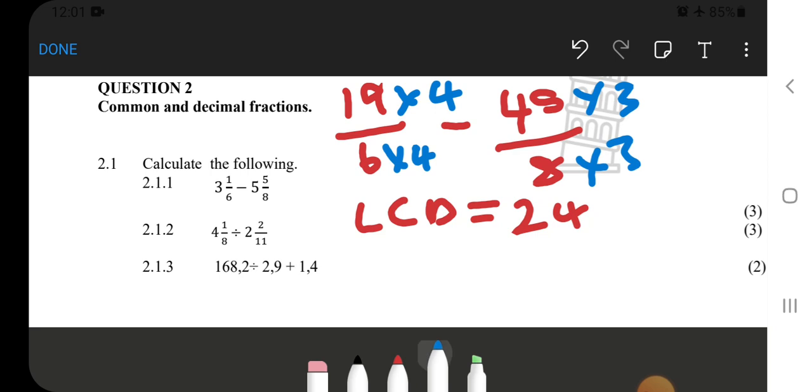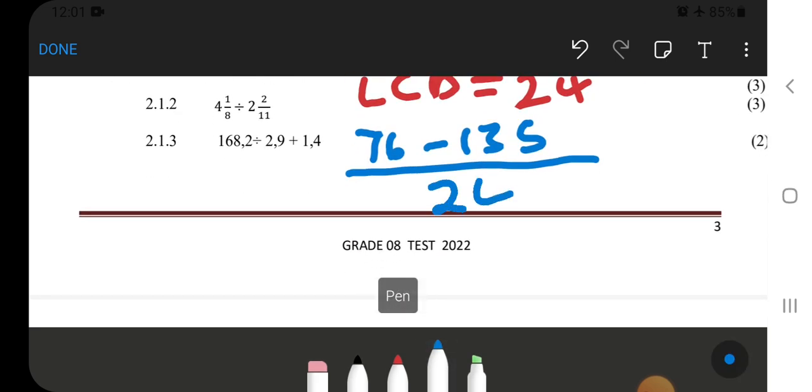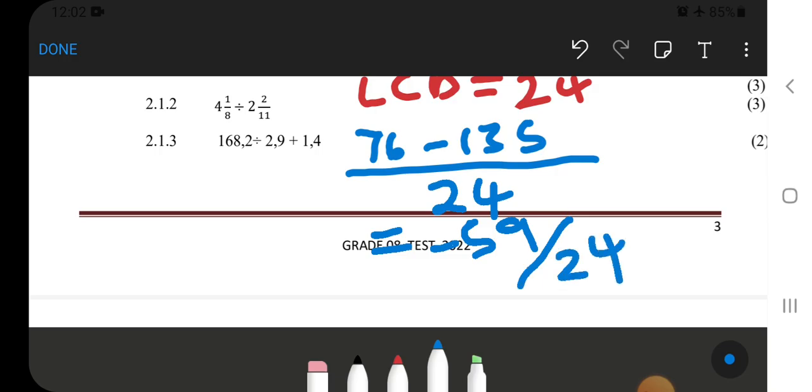And then all of this will be out of 24. You can put this in your calculator, and the final answer will be negative 59 over 24. So that is your final answer there.